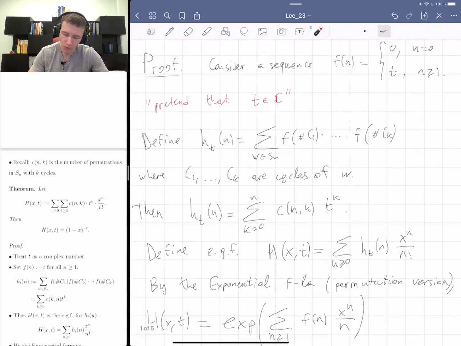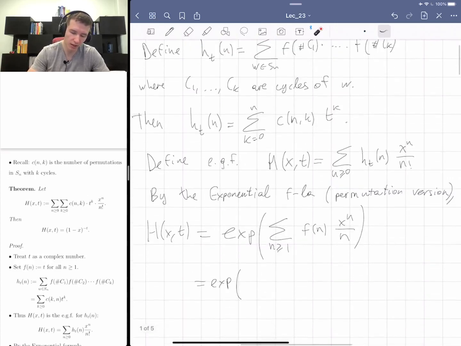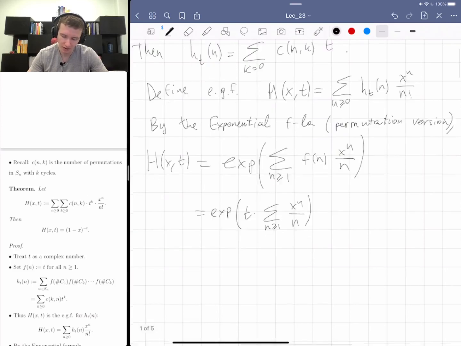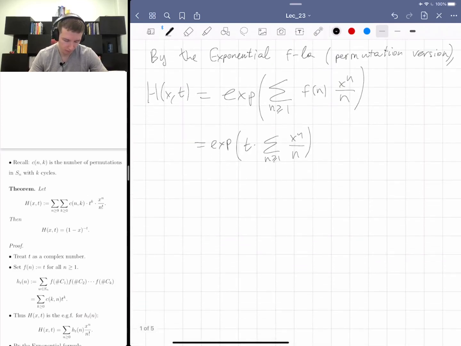So now we're going to switch from t being a complex number to t being a variable. So it's the exponential of t times the sum over n greater than or equal to 1 of x to the n over n, which is the familiar series for the logarithm.